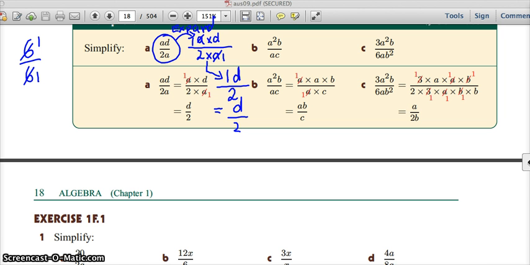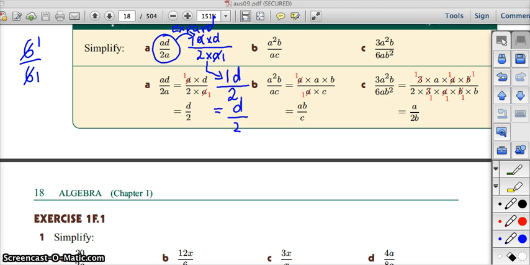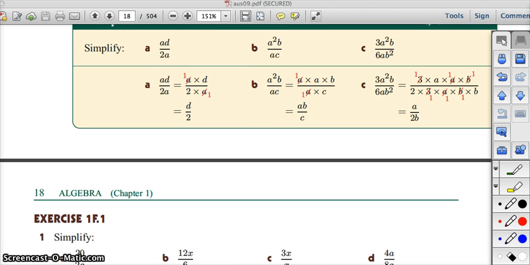Let's look at a more challenging one down below where the answers aren't directly alongside. But before we do that, we can see again we're expanding this. A times A squared, A times A. Anything multiplied by itself is squared. If it's multiplied by itself 3 times, then it's cubed. So A times A multiplied by B. We've expanded it.